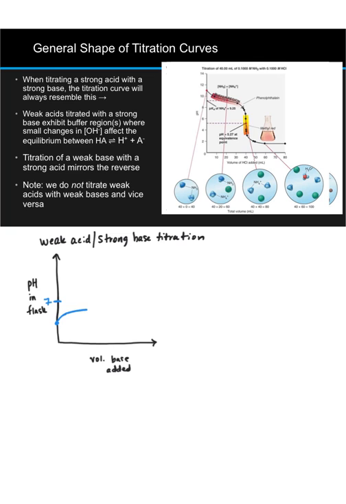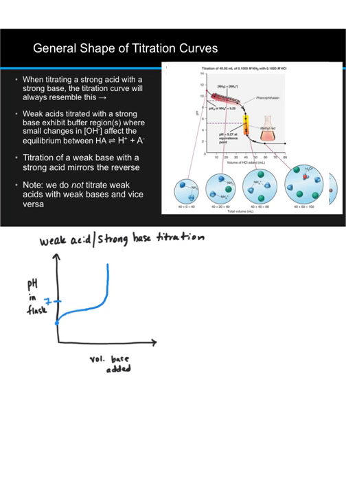So in small additions of a strong base to a weak acid, we end up with an early buffer region. And until this buffer is broken, the pH stays more or less unchanged until we get to a sharp equivalence point.